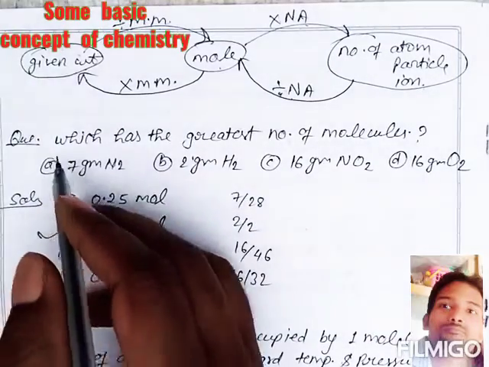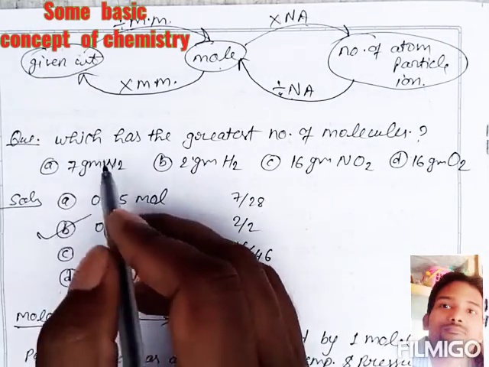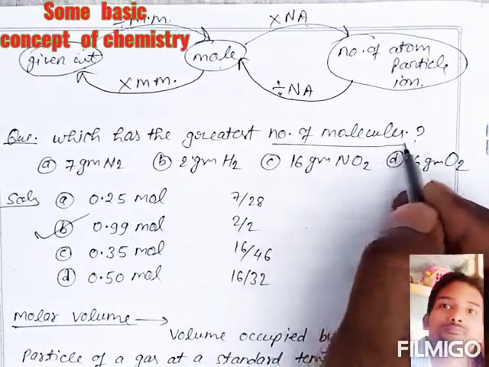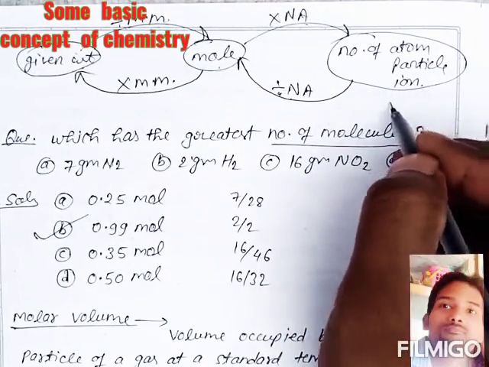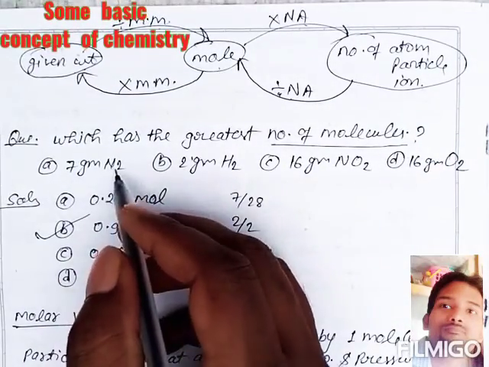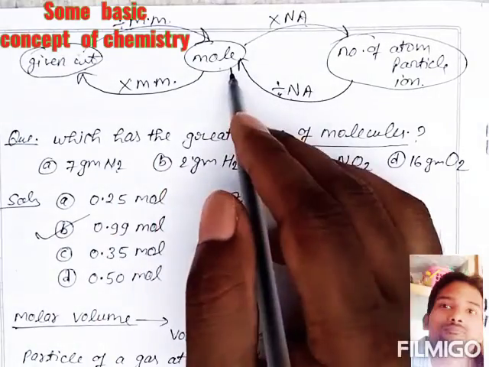Okay, and now take the questions. Which has the greatest number of molecules? First of all, 7 gram of N2. First you will find the moles.